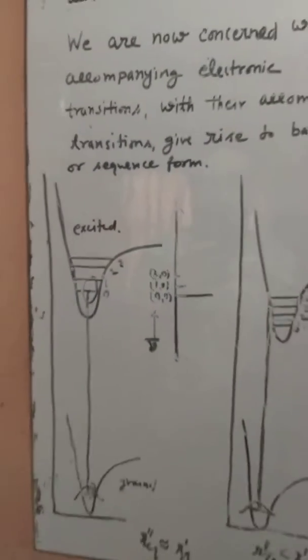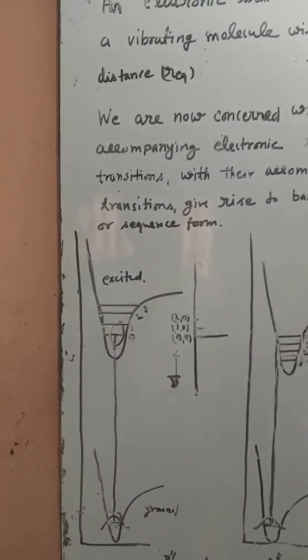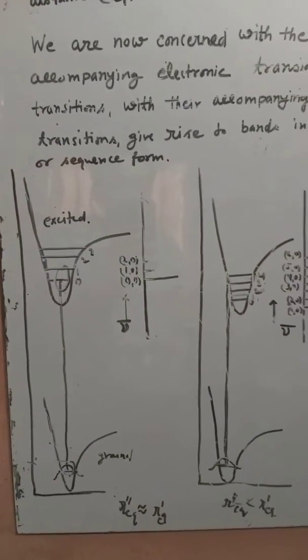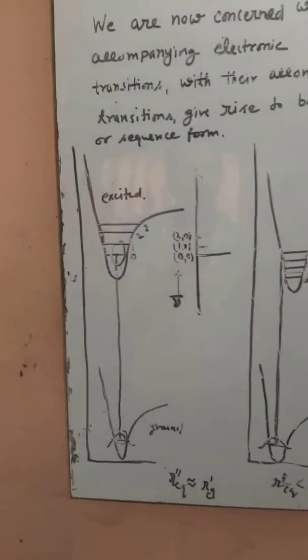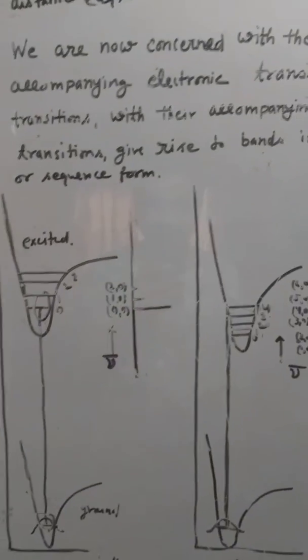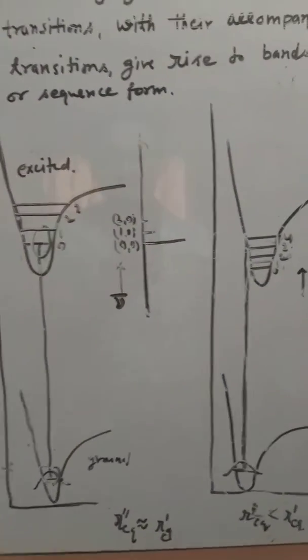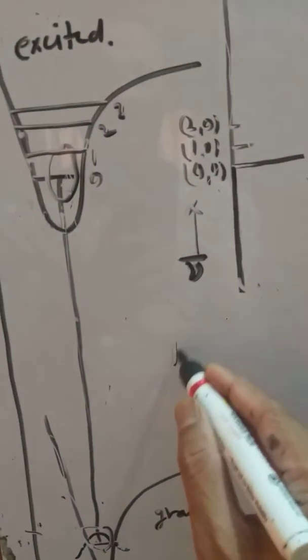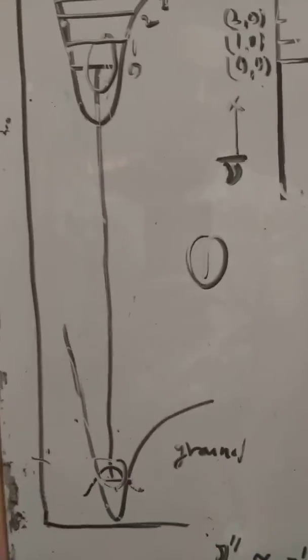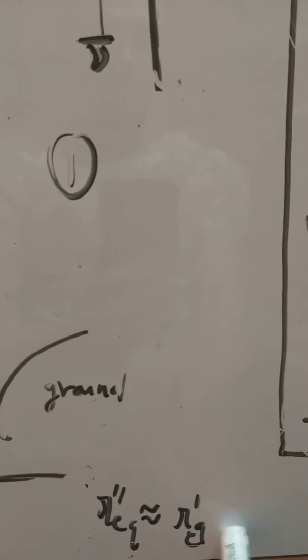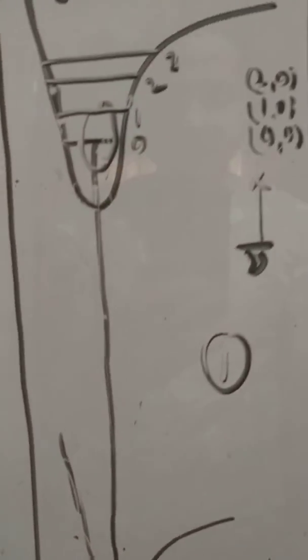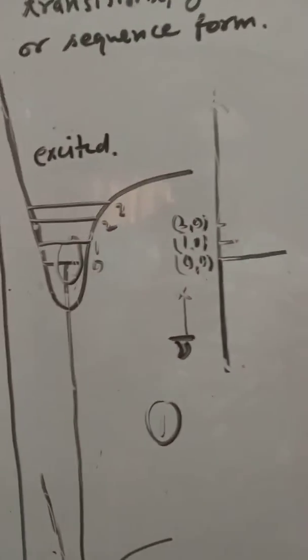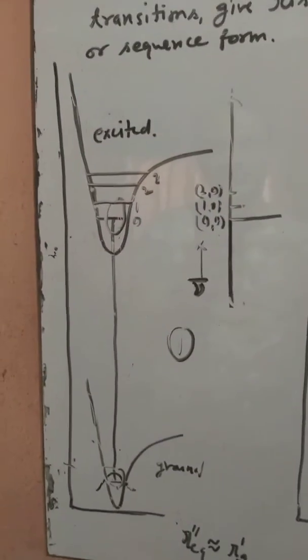In order to understand the Franck-Condon principle, we have plotted three separate potential energy curves for both the ground and excited state. In case number 1, the ground and excited states have almost the same equilibrium internuclear distances.